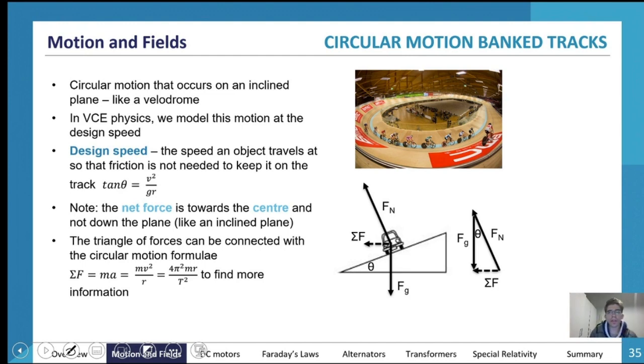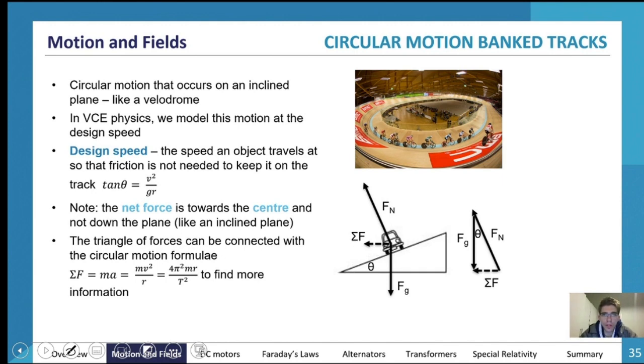Now let's think about circular motion and banked tracks a bit more. Circular motion that occurs on an inclined plane, like a velodrome, is circular motion that is occurring on a banked track. Now, the object is traveling at the design speed, which is the speed an object travels at so that friction is not needed to keep the object on track. That is, tan theta is equal to v squared divided by rg.